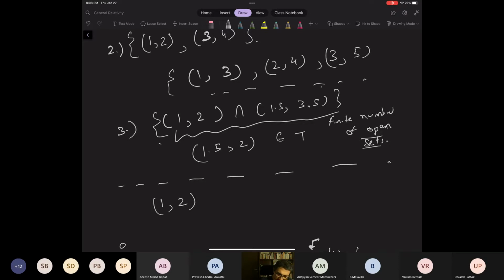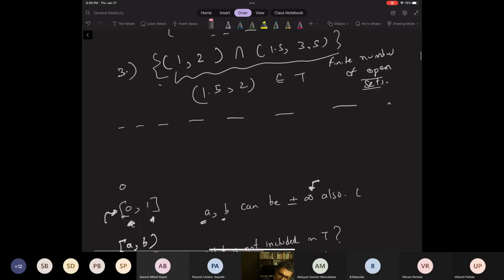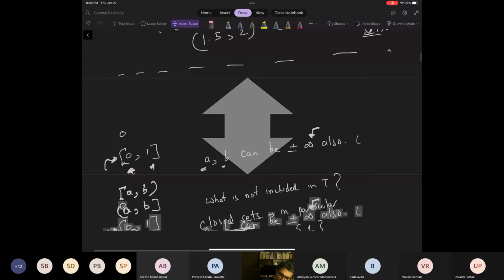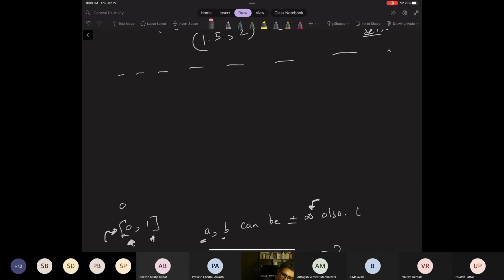Let me explain pictorially, it's easier. Imagine we take the real line, and let's take points between, let's say, 0 and 1.